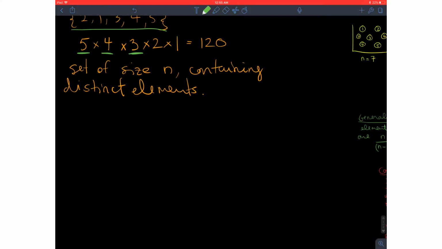Now, for those of you that know a bit of set theory, all sets have only distinct elements, but for those that aren't as familiar, I decided to include that comment. So if we had a set of size n, then there are n factorial possible permutations.